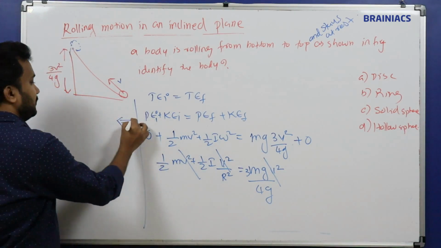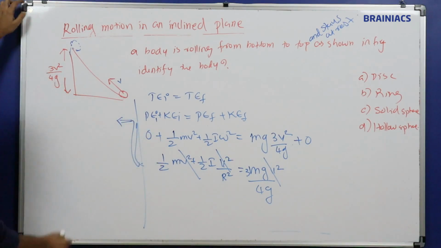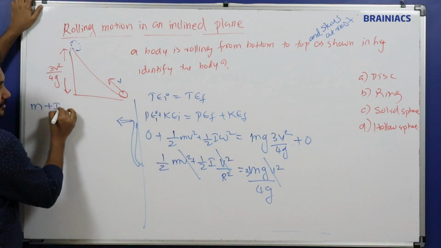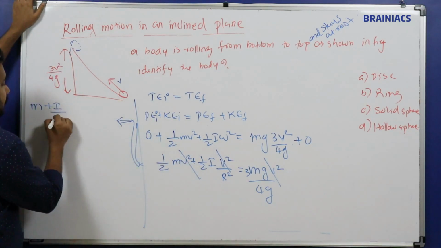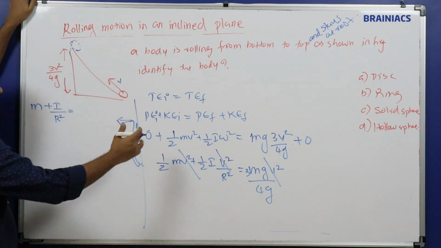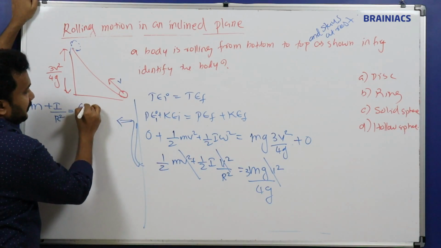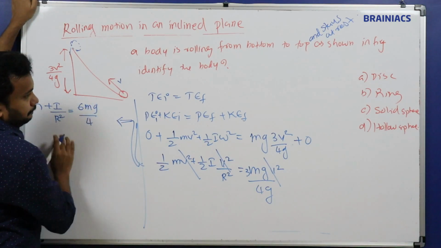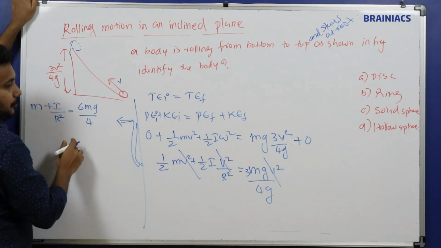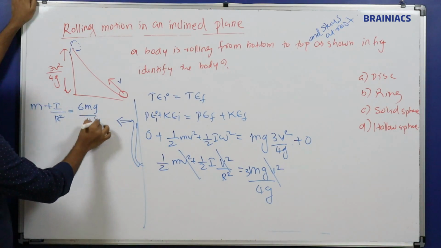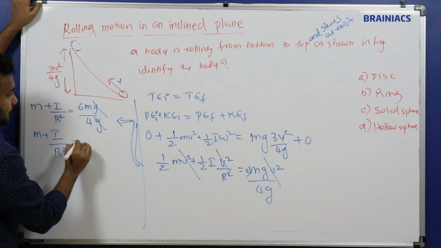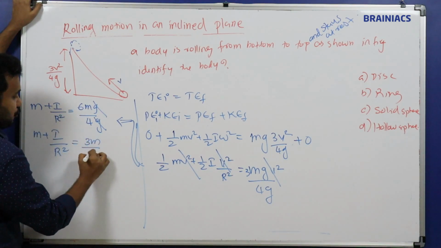So what comes is: m plus I by r square, when multiplied by 2 on the left side, equals 6mg on the right by 4g. The g's cancel. So m plus I by r square is equal to 6m by 4, which means 3m by 2.